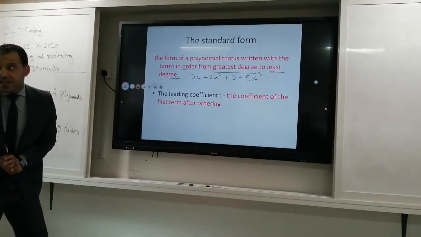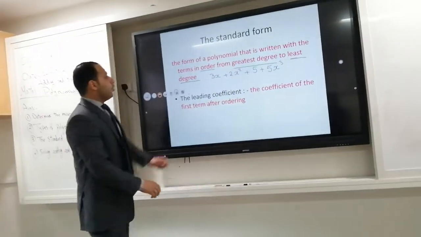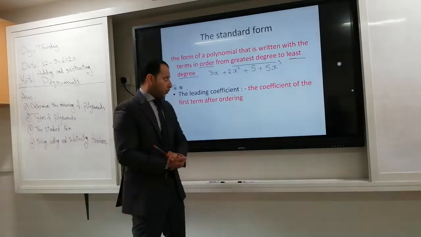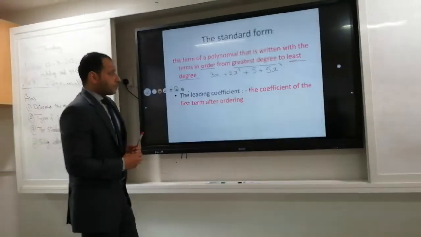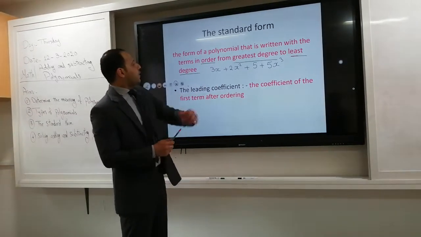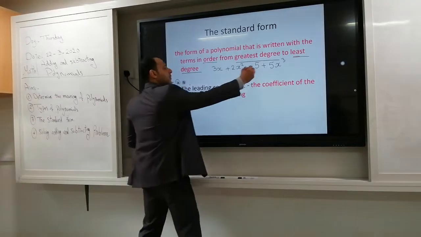I have how many terms again? Excellent, pay attention. 4 terms. This is the first term, the second term, the third term, and the fourth term. We have to start by the greatest degree. What is the greatest degree? Yes, excellent. This is the greatest degree.